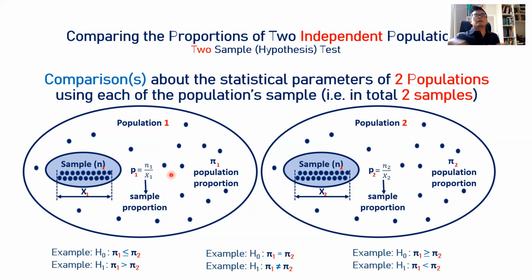Okay, and philosophically, how do we do that? How do we prove whether the proportion, or the percentage, of people who use Android in Jakarta and the ones who use Android in Malang is the same?